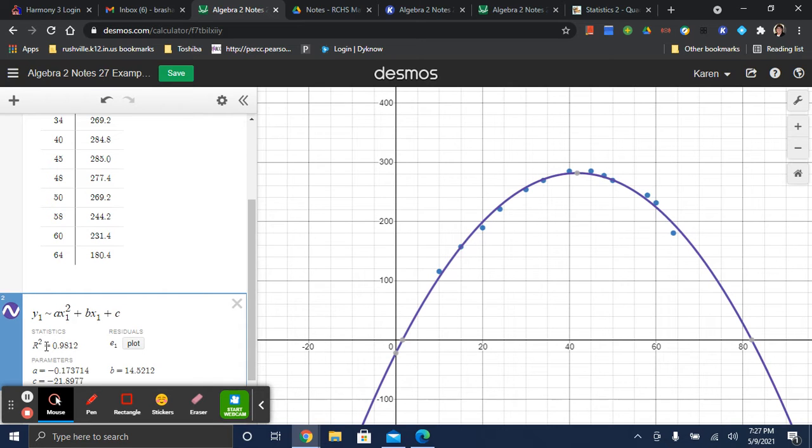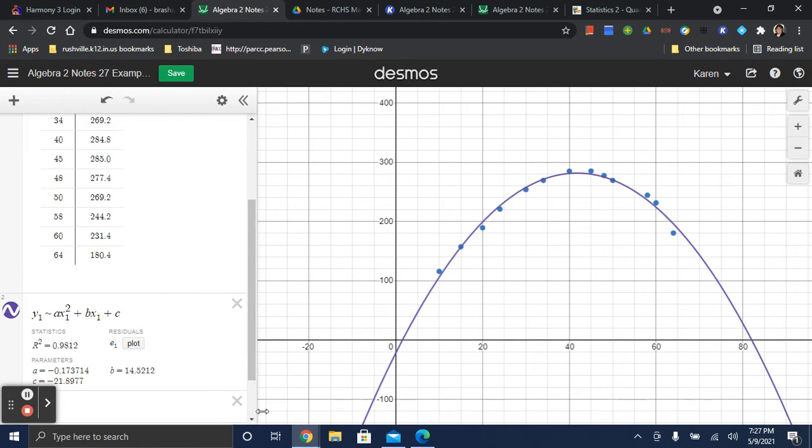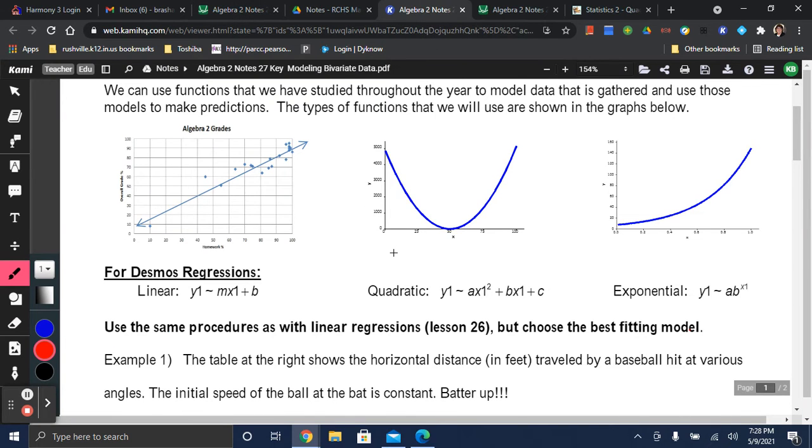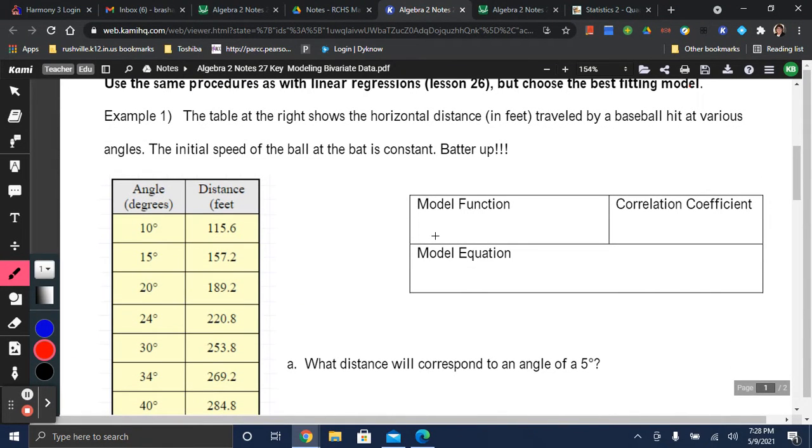You see that the quadratic regression gives us a curve that opens down for this. Let me move this out of the way. You have your A, B, and C, and we have an R squared. Going back to your notes, the first thing it asks us is, what is the model function?